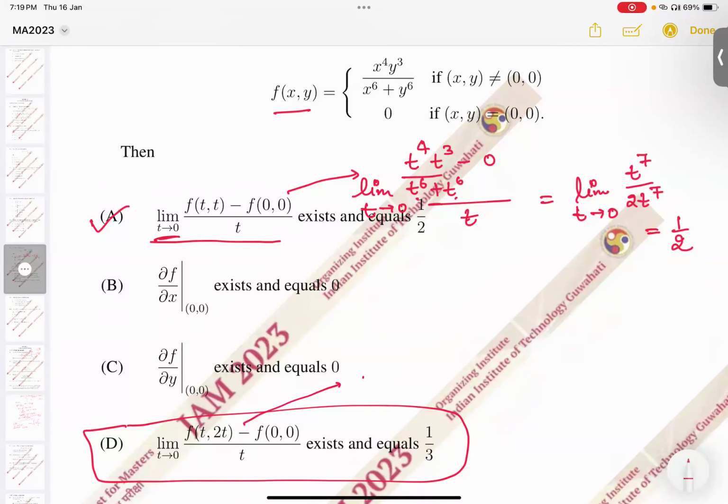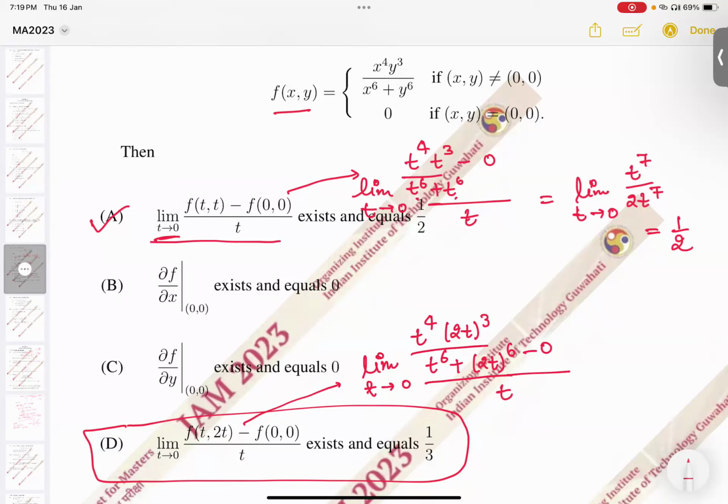So this will be the limit t tends to 0, and plug in t at the place of x and 2t at the place of y, right? So this will be t to the power 4, 2t to the power 3 upon t to the power 6 plus 2t to the power 6, minus 0 upon t, right?